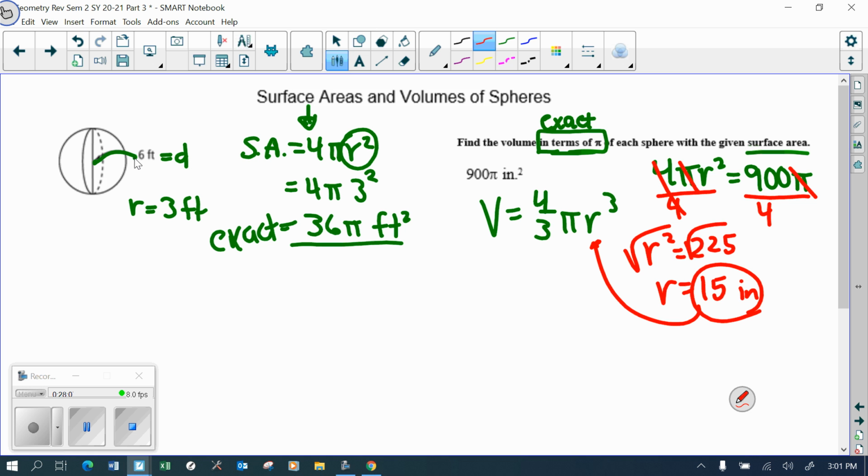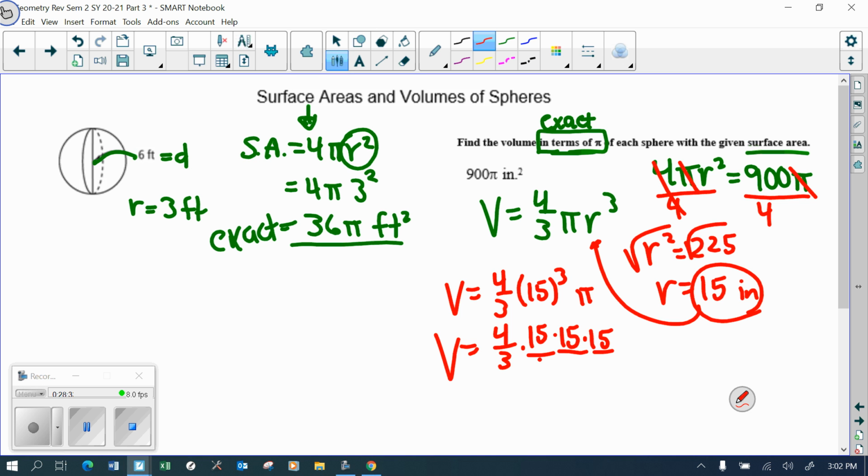Okay, and it wants it in terms of pi, so pi stays in the answer. So volume equals 4/3, I'm going to leave pi at the end, r cubed will be 15 cubed. All right, so watch me do this without a calculator. I would write 4/3 times 15 times 15 times 15.